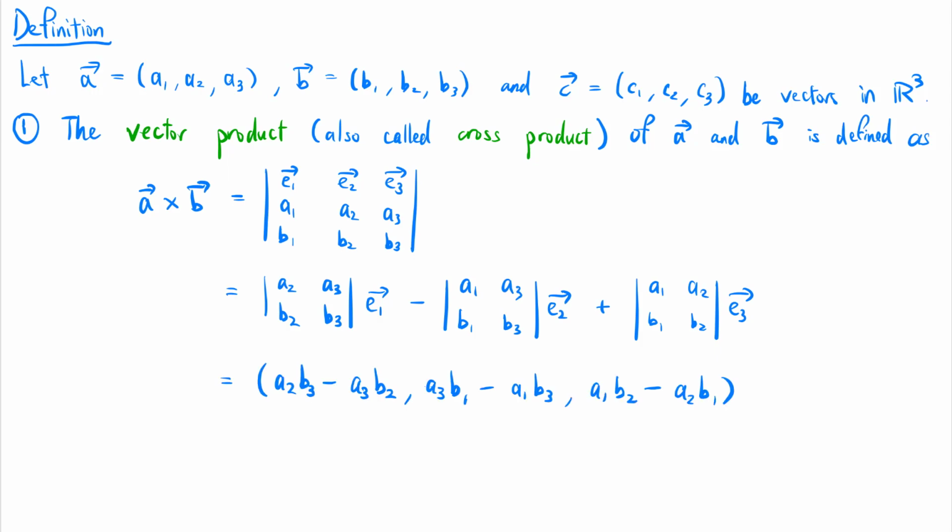Expanding the determinants, we have the vector (A2B3 minus A3B2, A3B1 minus A1B3, A1B2 minus A2B1). In other words, the vector product of two vectors gives another vector, which is different from the scalar product of two vectors, which gives a scalar. The vector product is easily remembered using the 3×3 determinant.